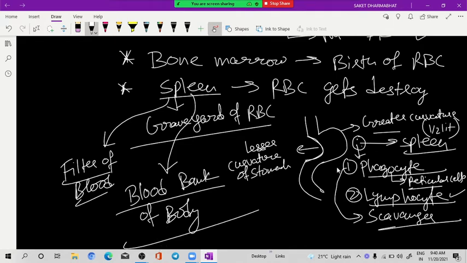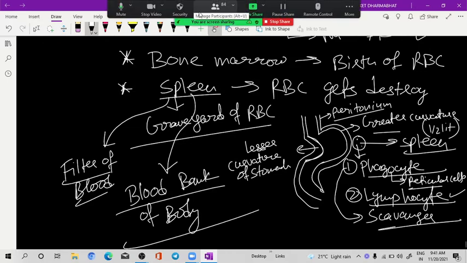Near to the greater curvature of stomach, spleen is there. And you know, alimentary canal is covered by a membrane. What is the name of this membrane? Peritoneum. Two membranes are there.